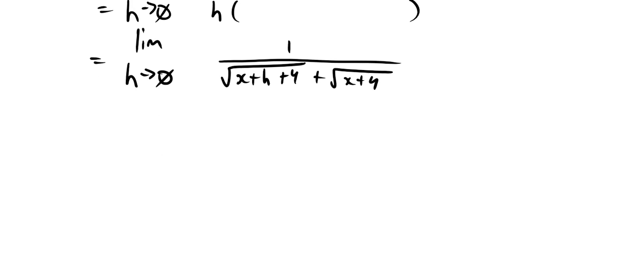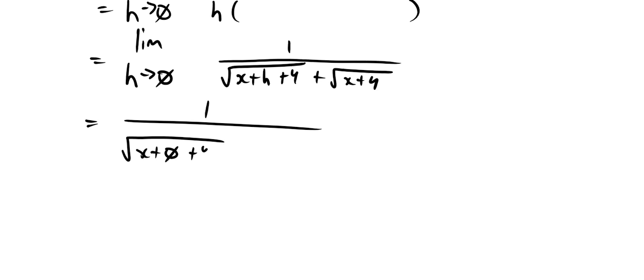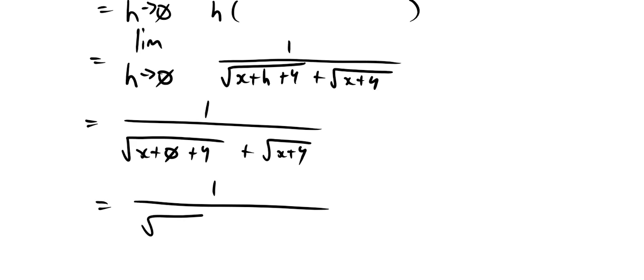Now just watch maybe for a minute. Something interesting happens here. Limit as h approaches 0 of 1. No, sorry, I want to get rid of that. I'm subbing 0 in. So I get 1 over the square root of x plus 0 plus 4 plus the square root of x plus 4. So what is this?